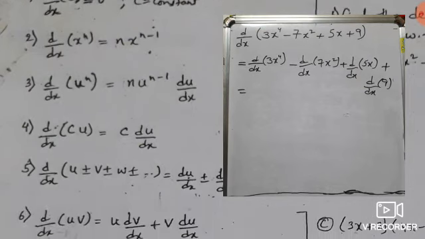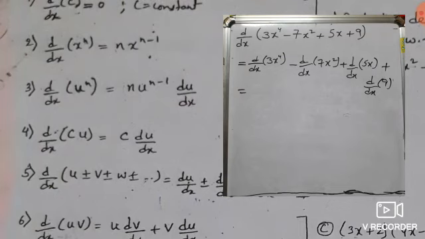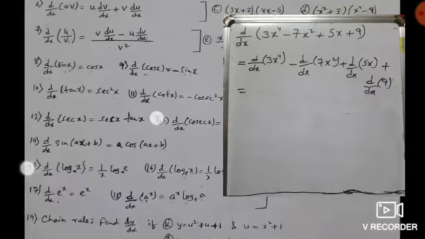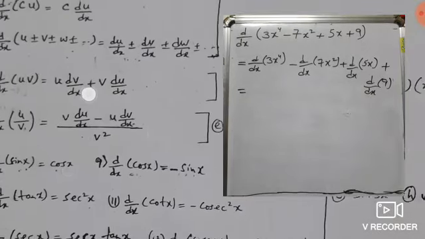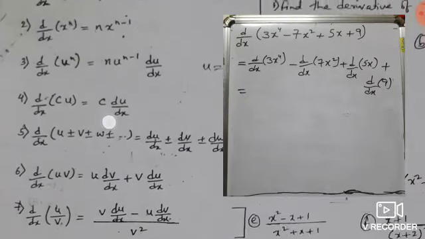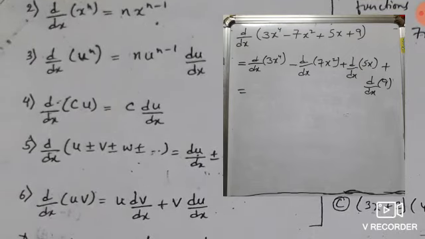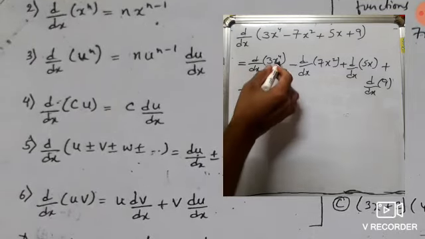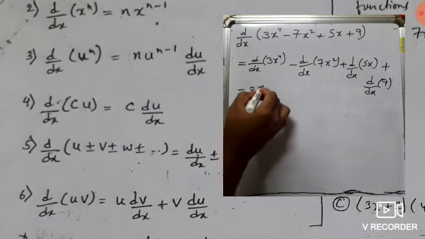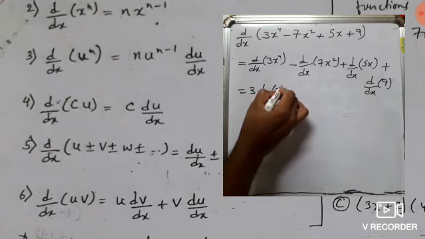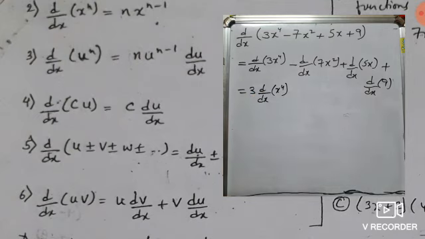Formula number 4, d/dx of cu: c is the constant value and will come in the front. So here in 3x to the power 4, 3 will come in front, and d/dx of x to the power 4 will be there.